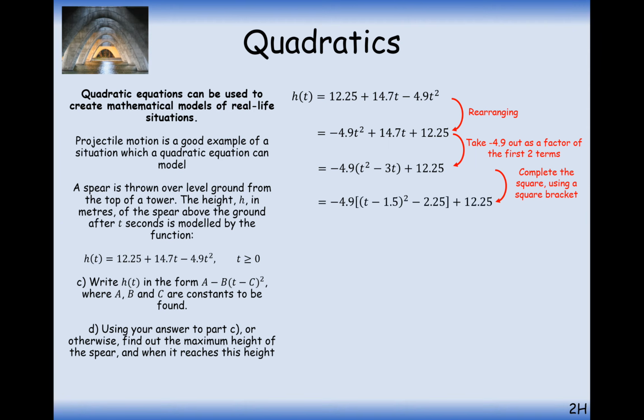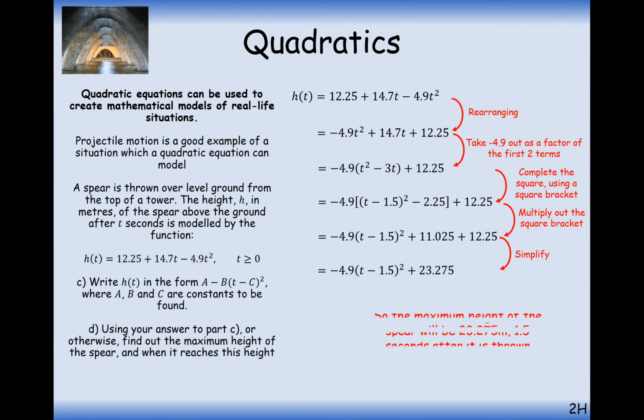So half of 3 is 1.5, so t minus 1.5 squared, and then remember the technique here is to take away the 1.5 squared, so take away 2.25. What we can then do is expand back out the brackets with the minus 4.9, so we are left with this. Simplify these two values at the end, and then rearrange it into the form that you would have.